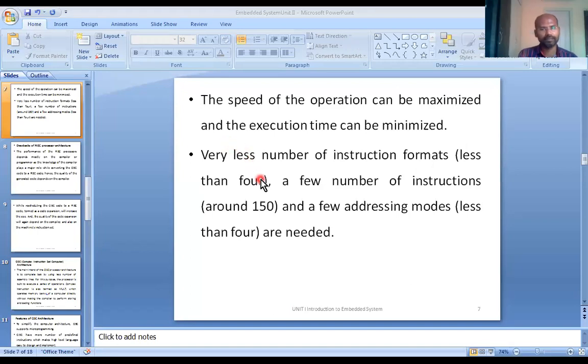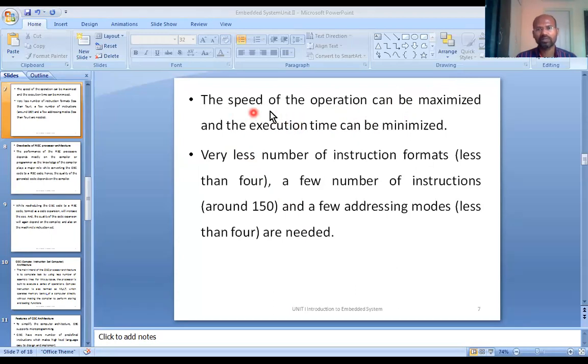Next, we'll continue. The speed of operation can be maximized and the execution time can be minimized. Most of the instructions except load and store make use of registers, which are very tightly coupled to the control unit and processor, within the processor.